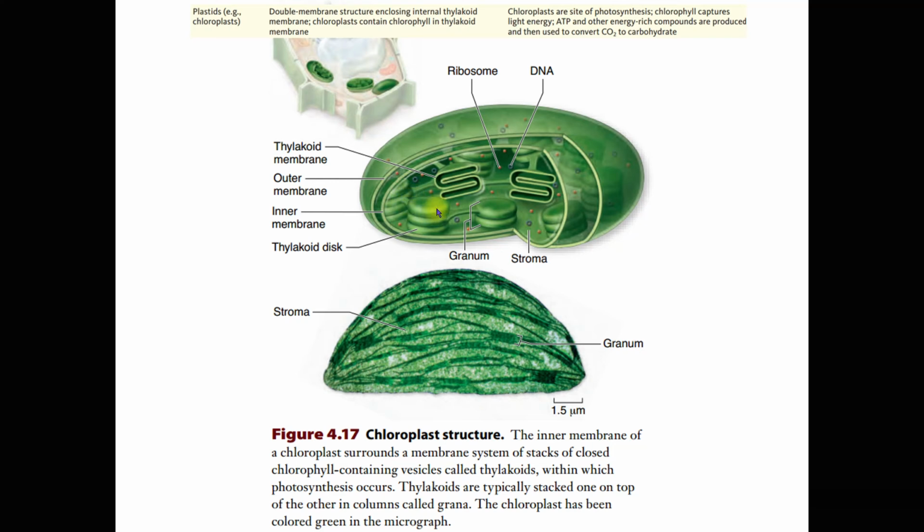Now when these thylakoids are stacked, they are known as granum, or grana. So granum consists of stacks of thylakoids. Now the matrix or cytoplasm of this chloroplast is known as stroma, and in the stroma there are many ribosomes and DNA.